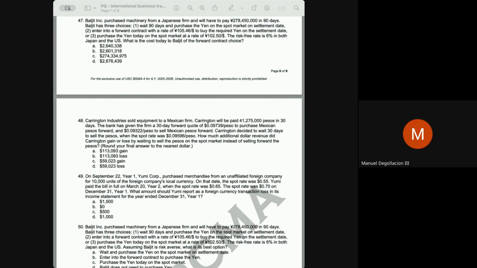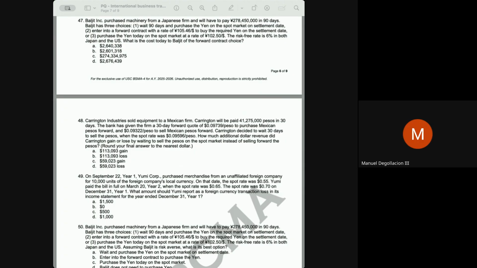Basically, the dollar has weakened compared to the forward contract price determined as of the transaction date. So from this, we can say that we would have lost by using a forward contract.